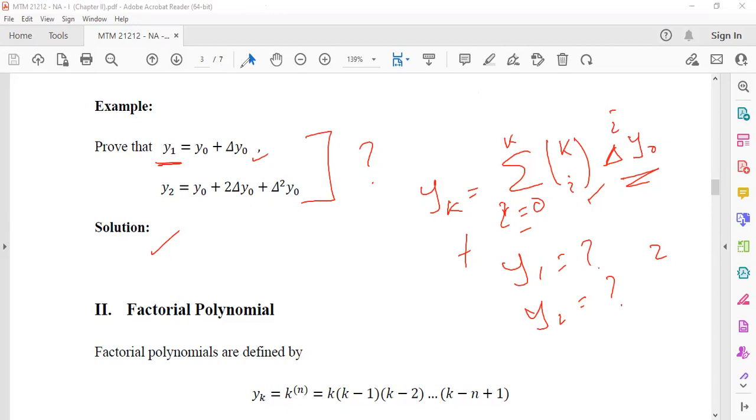Can I see the first question's answer? y1, at least. You have the formula and you know all these things in it. Just substitute. We have the summation, so each term you have to add.